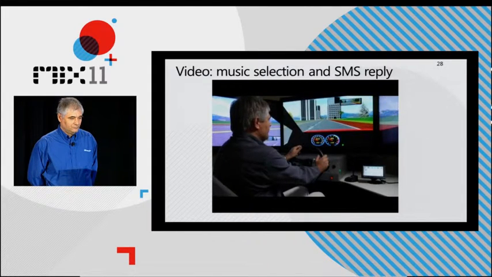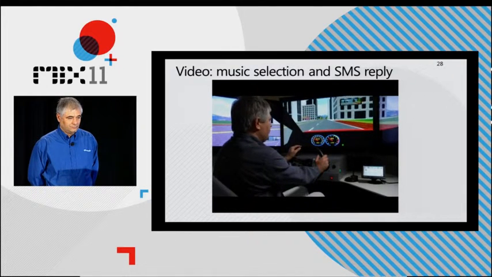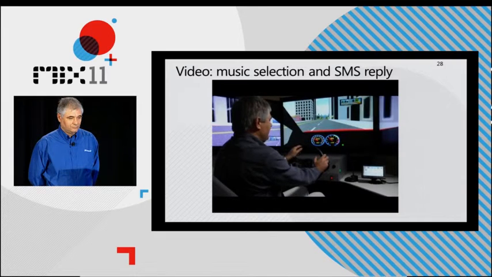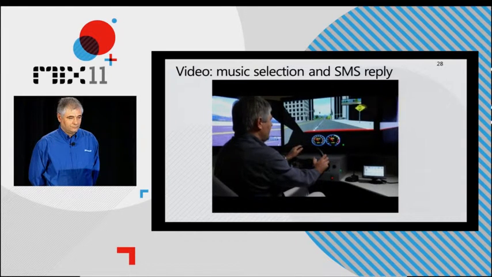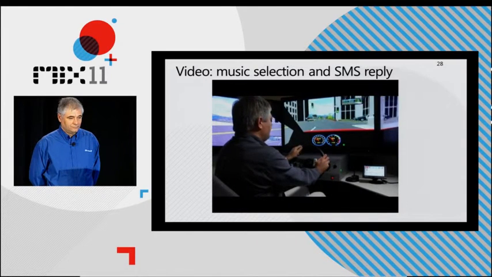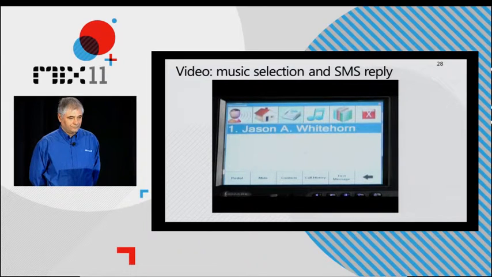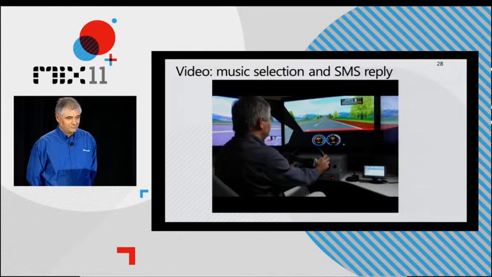Let's make some phone calls. My Bluetooth telephone is paired with the system, and the computer knows my address book, so I can ask directly by name. Call Jason Whitehorn. Calling Jason A. Whitehorn, say yes or no. Yes. Jason A. Whitehorn, do you want cell, work or home? Cell.